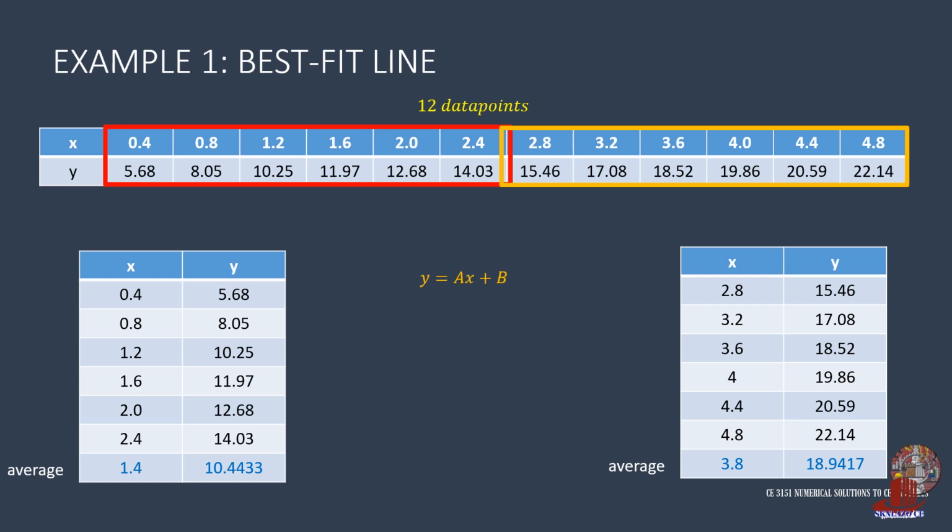With the linear equation y equal to ax plus b, we create the two equations. From the first group, 10.4433 equals 1.4a plus b. And from the second group, we get the second equation as 18.9417 equals 3.8a plus b.